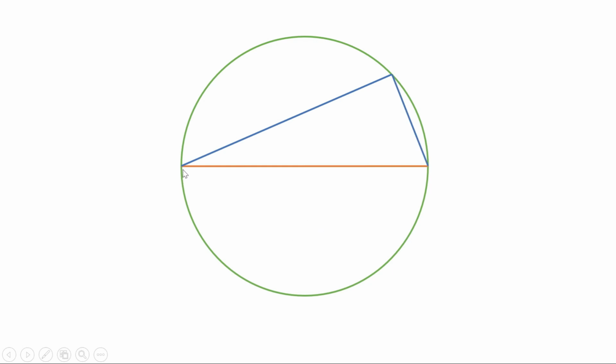Similarly, if we join the ends of the diameter to any point on this arc, again we get a right angle. That means a diameter of a circle divides it into 2 equal parts and joining the ends of the diameter to a point in any part gives a right angle.